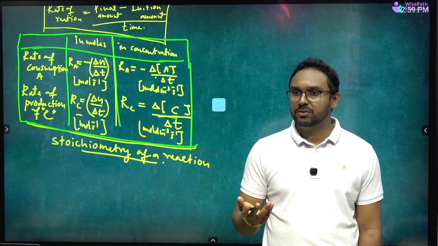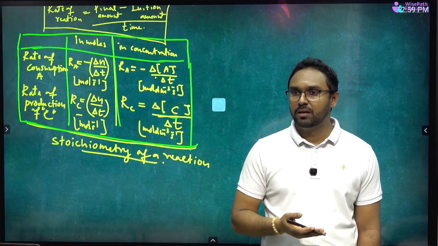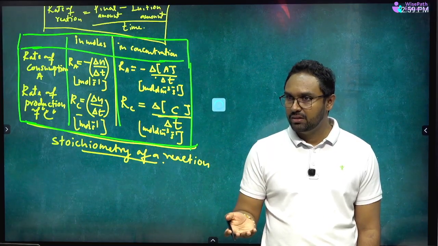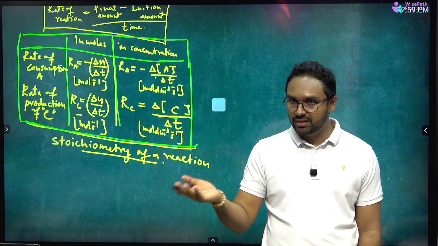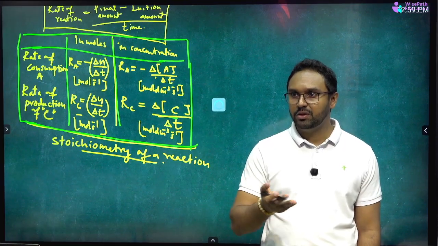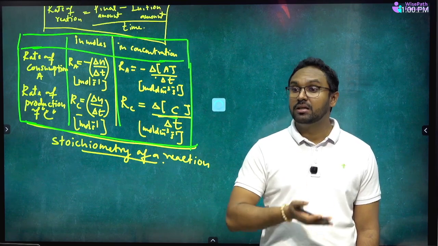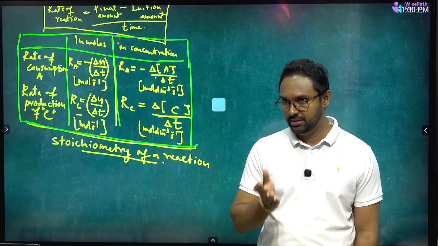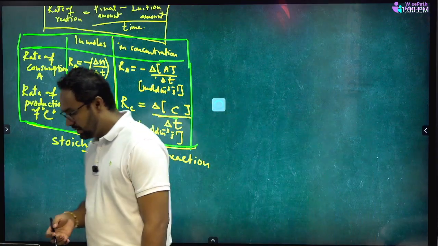But when it comes to stoichiometry, the stoichiometry is also affecting the rate of reaction, because the stoichiometry changes the amounts that react and amounts that produce, right.